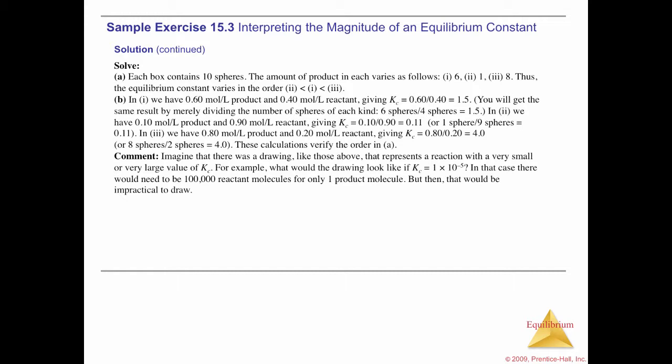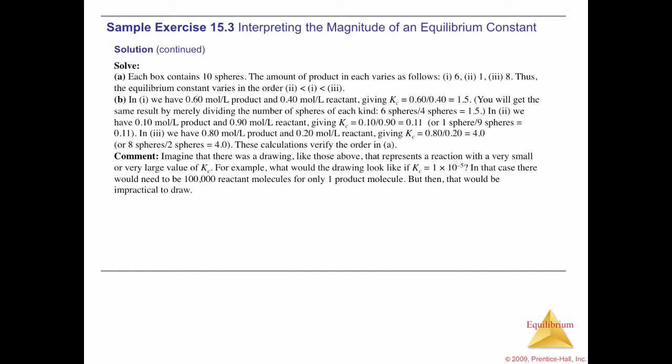In box 2, we have 0.1 mole per liter product and 0.9 mole per liter reactant, giving K sub C equal to 0.1 over 0.9, or 0.11. You get the same result by dividing product over reactant, 1 sphere divided by 9 spheres, or 0.11.